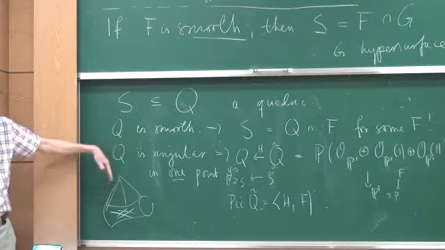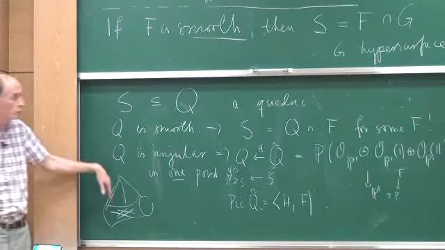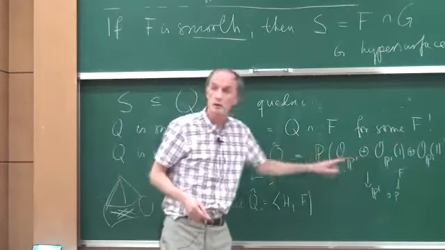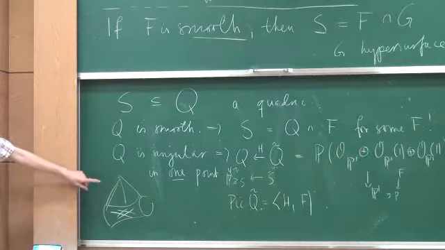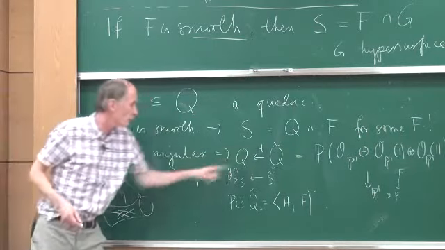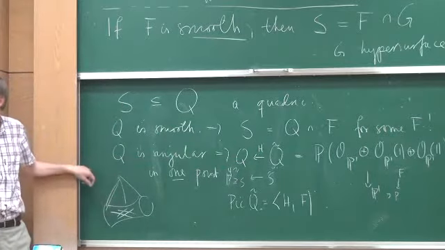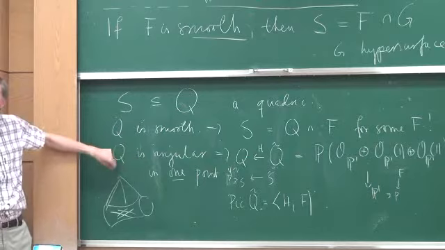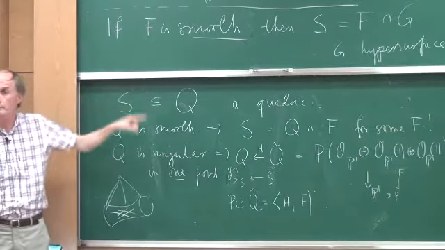So therefore, there is a P2 bundle over P1 that resolves this singularity. What happens is that the vertex is replaced in Q tilde with just a line, a P1. And that P1 is the exceptional line that I'm talking about.